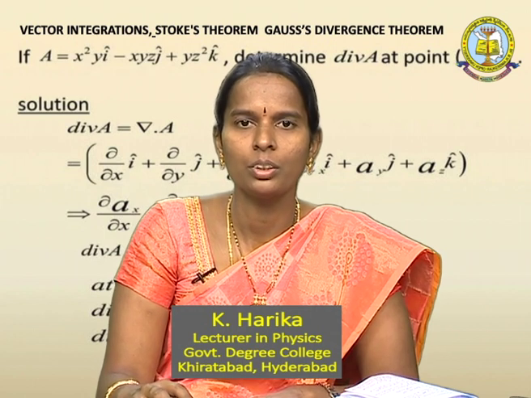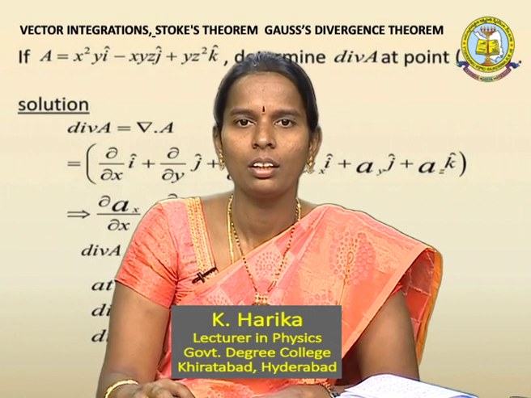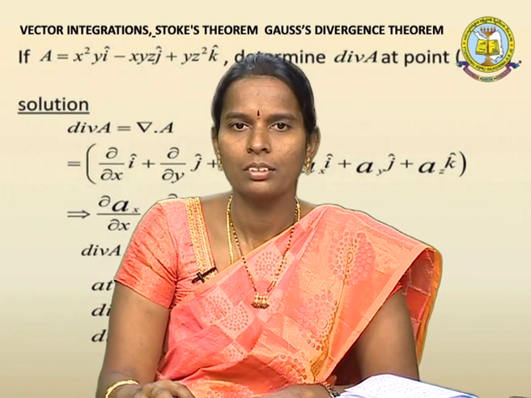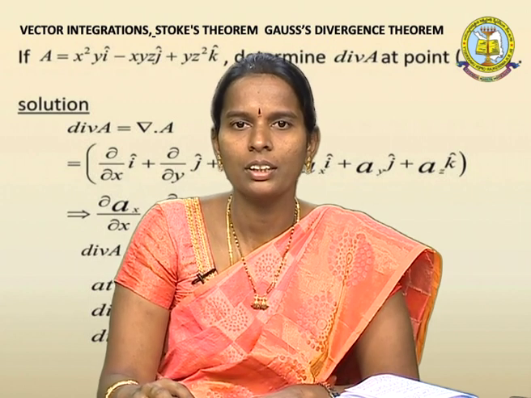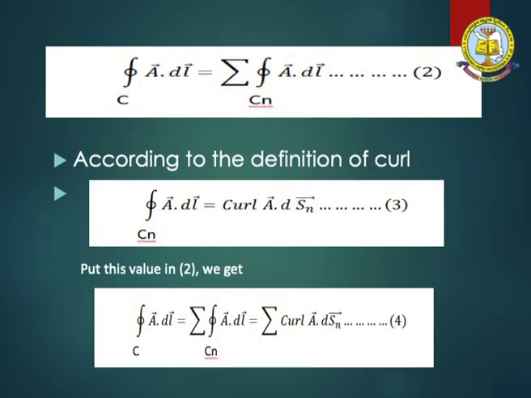That is C1, C2, C3, like that; the summation means the summation of the integral over Cn of A dl. According to the definition of curl, the integral of A dl is equal to curl A dsn. So, the integral of A dl is equal to curl A dsn.